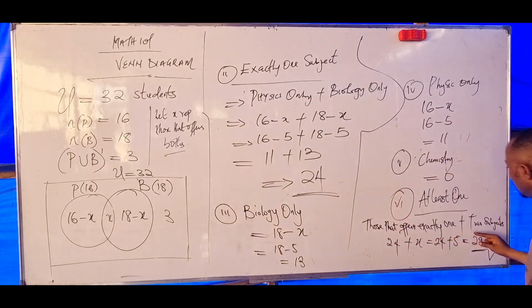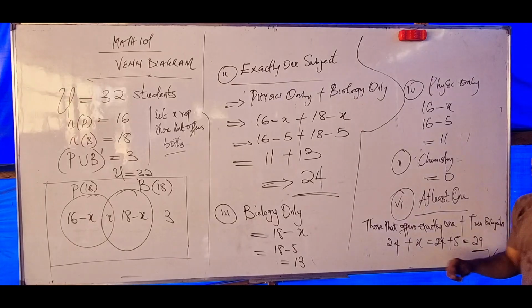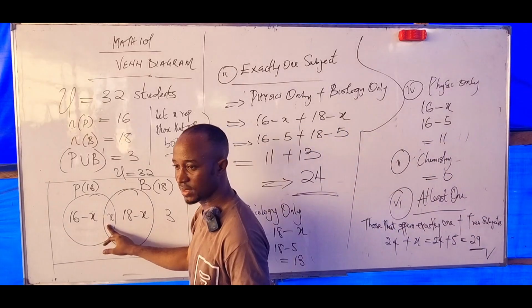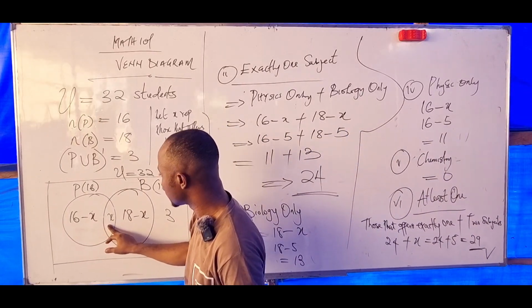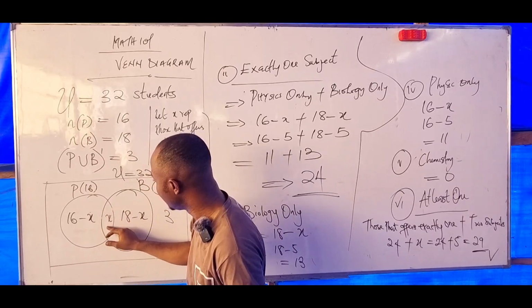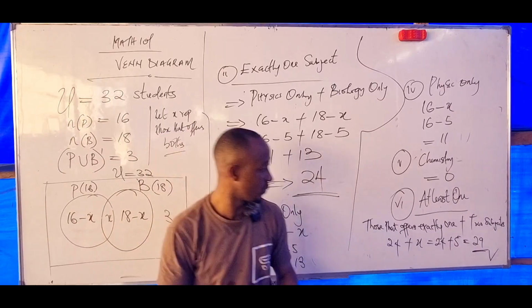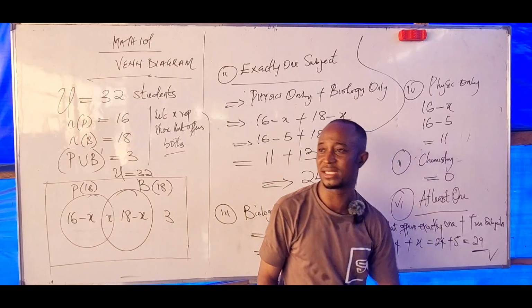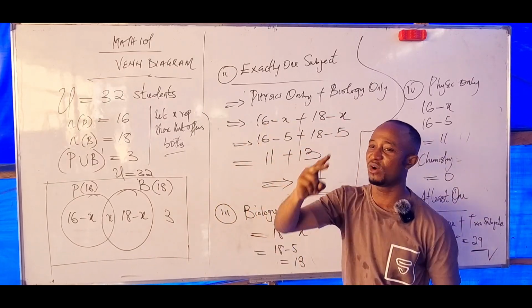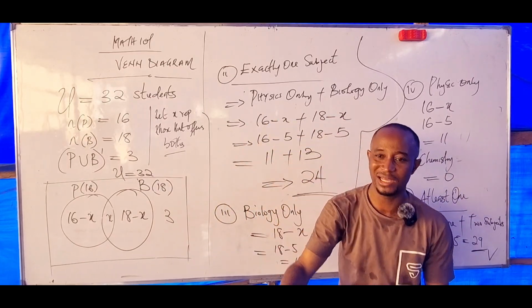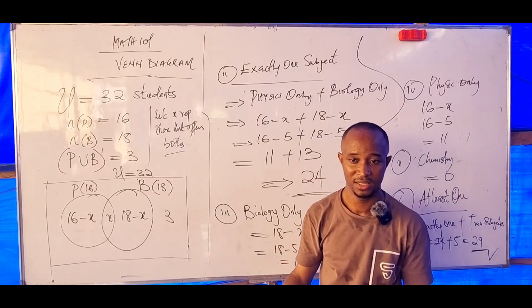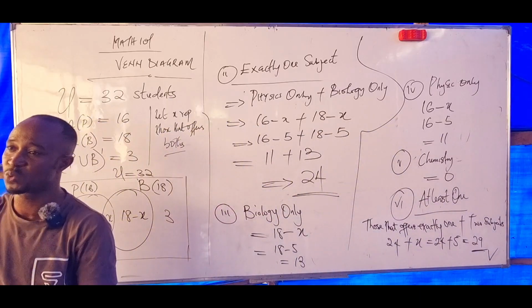Then plus those that offer 2 subjects. Where are they? This S is 5. It means they offer both physics and biology, which is 5. So when you add, you have 29. Then when I say at most 2, meaning those that offer 2 subjects, 1, and none. Is that clear? At most means you are coming down.